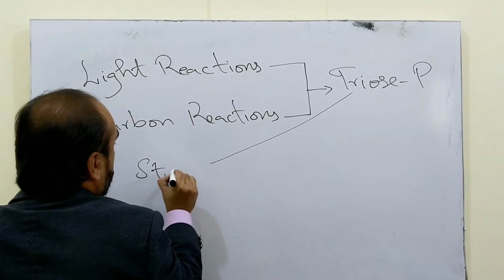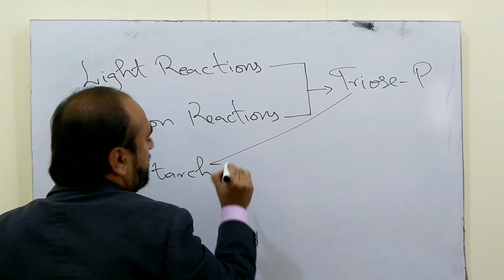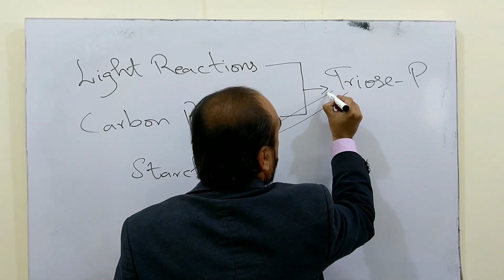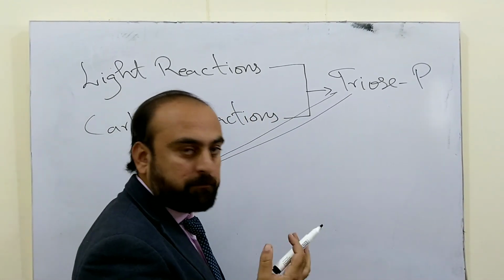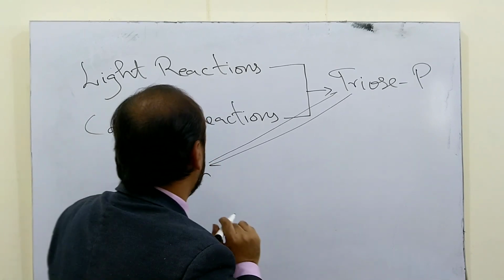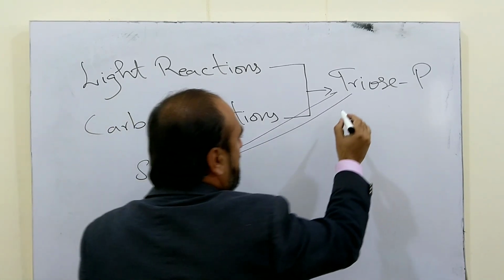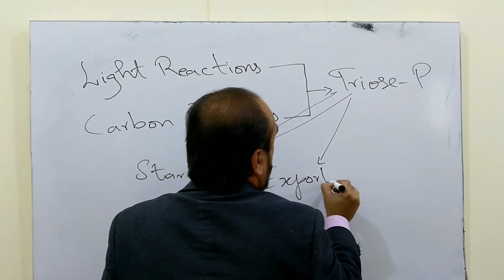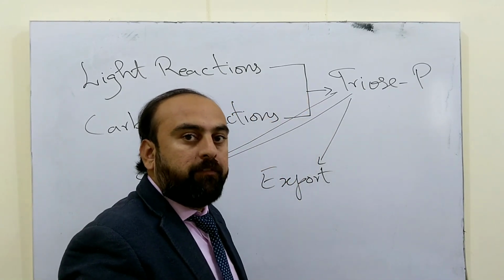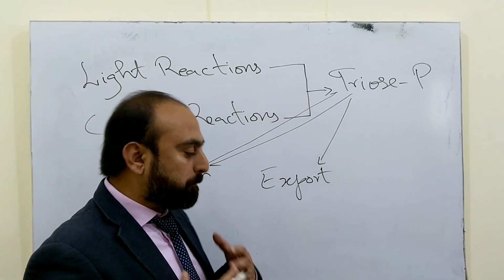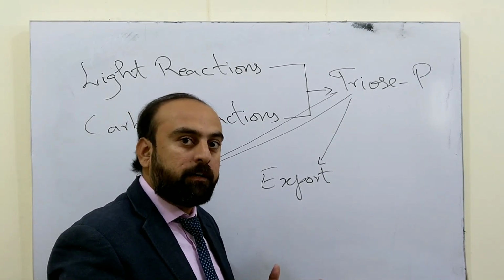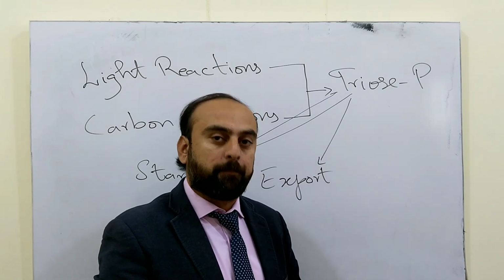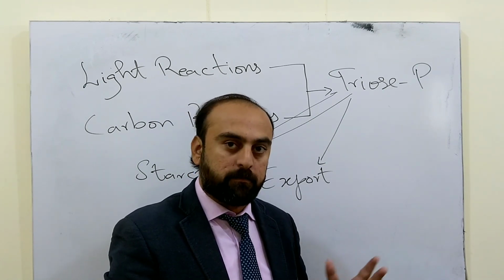It can be converted to starch within the chloroplast, but this is a reversible reaction. At any point, it can be converted back to triose phosphate. This is phase 1. The second phase is that it can be exported to the cytosol, where it can be used for the biosynthesis of carbohydrates as well as a broad range of other compounds that are required for plant metabolism, growth and defense.